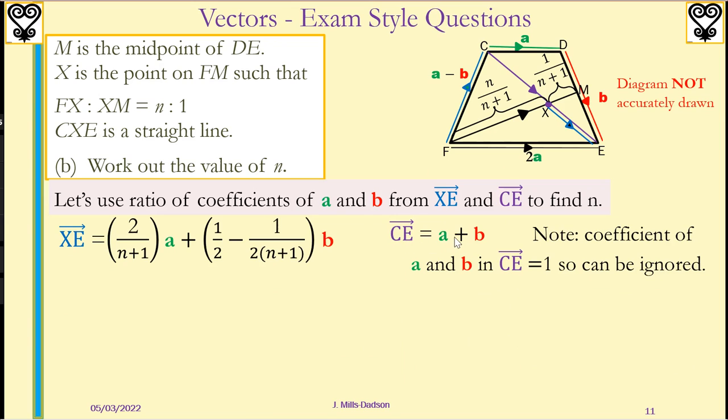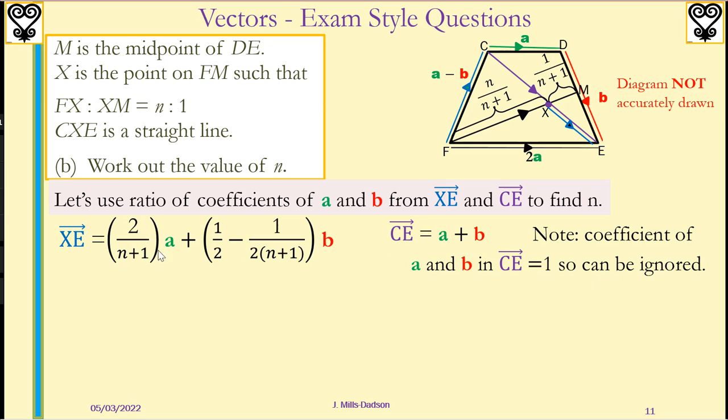CE, the coefficient of A is 1, coefficient of B is also 1. XE, the coefficient of A is 2 over n plus 1, coefficient of B is all this expression. So if you are dividing anything by 1, it's still the same answer anyway. So there's no need dividing it by 1, because at the end you get the same answer.